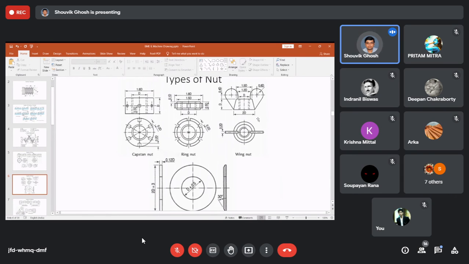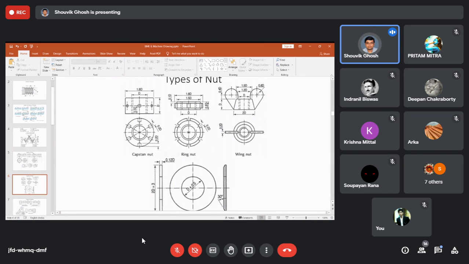Now when you are drawing in your A4 sheets, try to draw them very small, means you don't have to draw a whole page wing nut. Try to draw 4 types of nuts in one page. If you are drawing the top view and the side front view, then you may use one page for 2 types of nut.